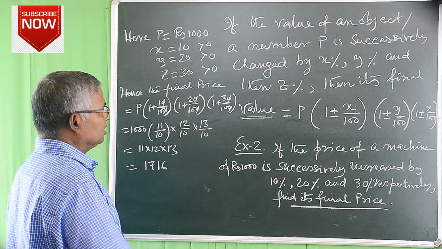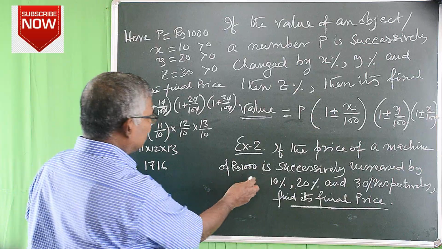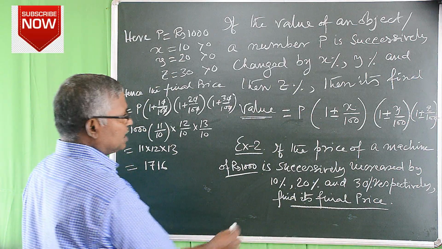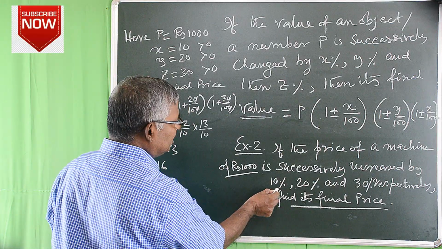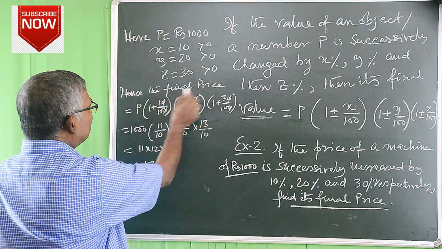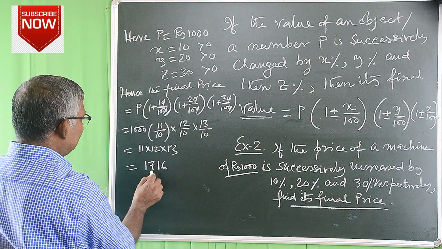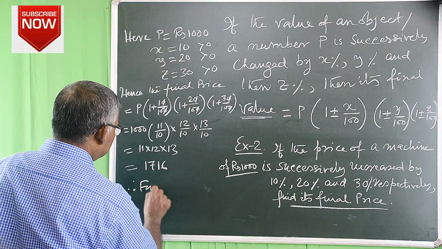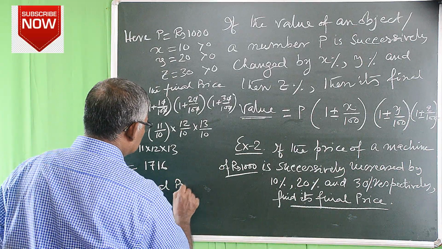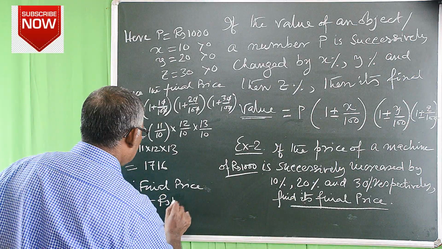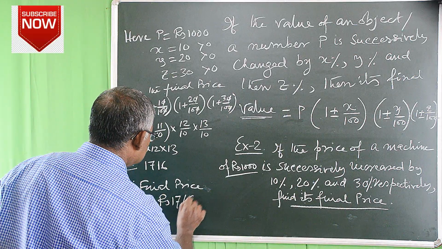Here given that the initial price of the machine is rupees 1000 and successive price increase is 10%, 20% and 30%. Therefore, final price of the machine is 1716. Therefore, final price equal to rupees 1716.